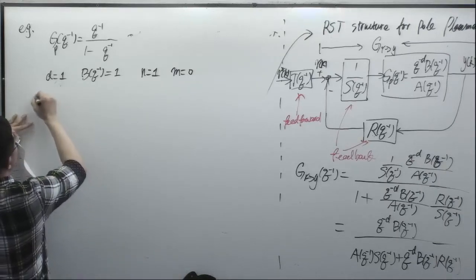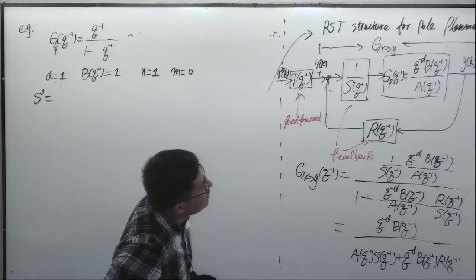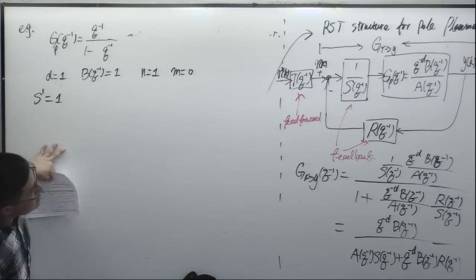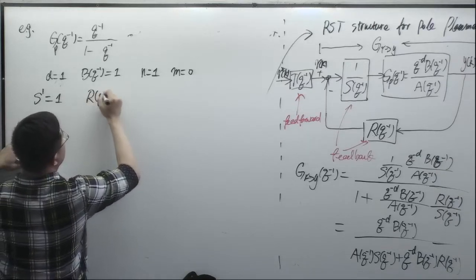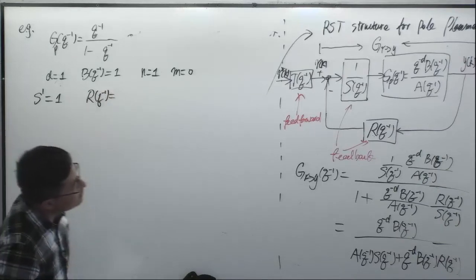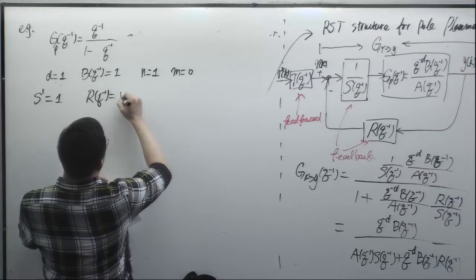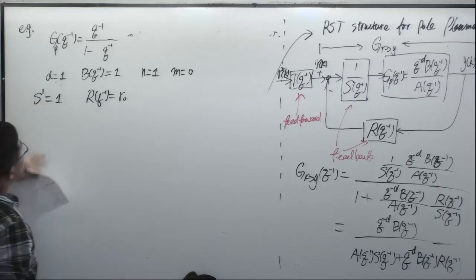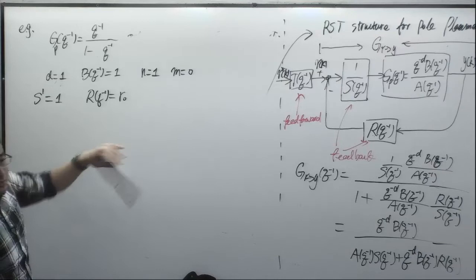So S prime should be designed to be 1 plus, and this is 1, right? And then R is R0, right? That's the design from the right-hand side.